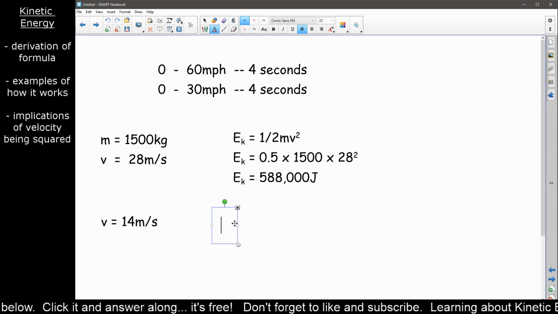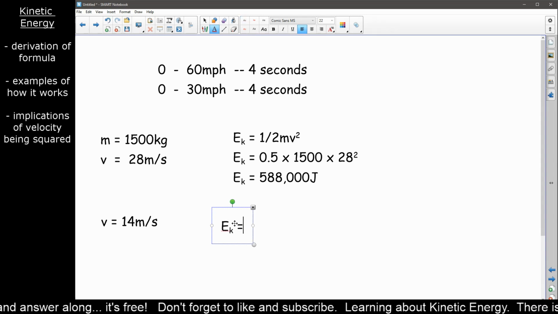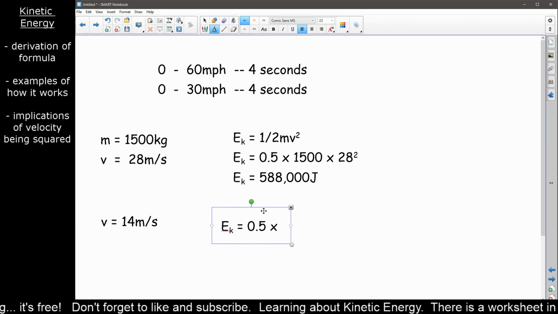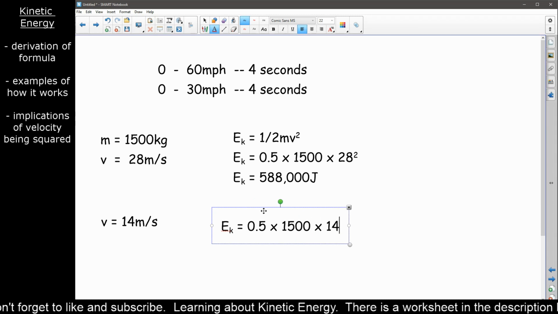So for our little dodgy car, which is still doing pretty well at 4 seconds, EK equals 0.5 multiplied by, same equation as before, 1,500, we're assuming it's got the same mass, times 14 squared.